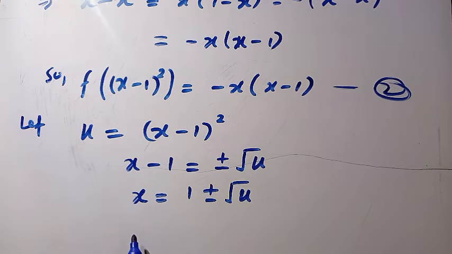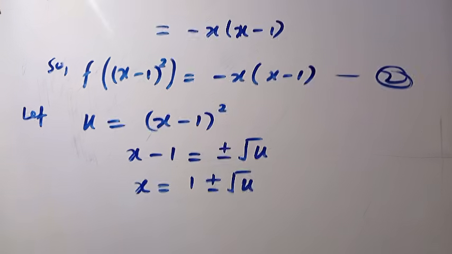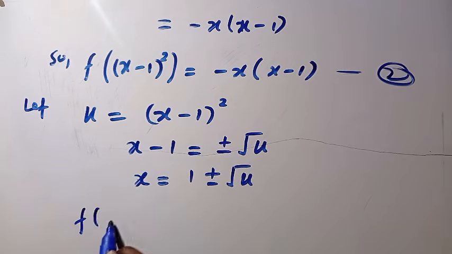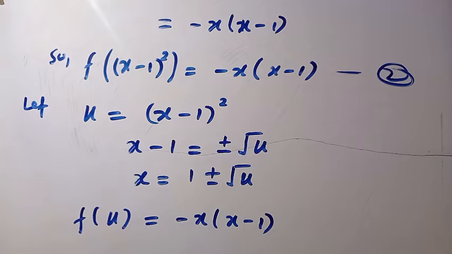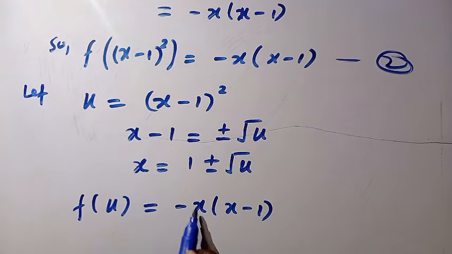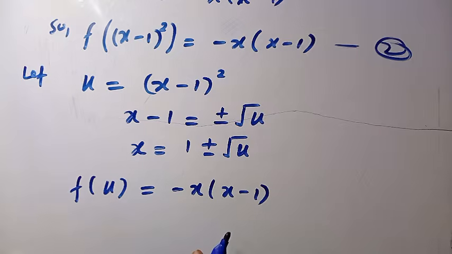Then, suppose I take this back to equation 2, we are going to have f of u equals minus x into bracket of x minus 1. But x is given as 1 plus or minus square root of u, so let's replace it.